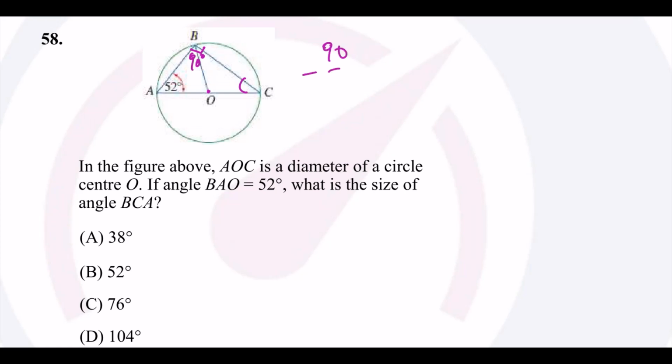So 90 minus 52 degrees gives us 38. So the answer will match A. Or you could just say angles in a triangle have to give 180, so you could add 90 plus 52 and subtract it from 180, and you'll still get the same 38.